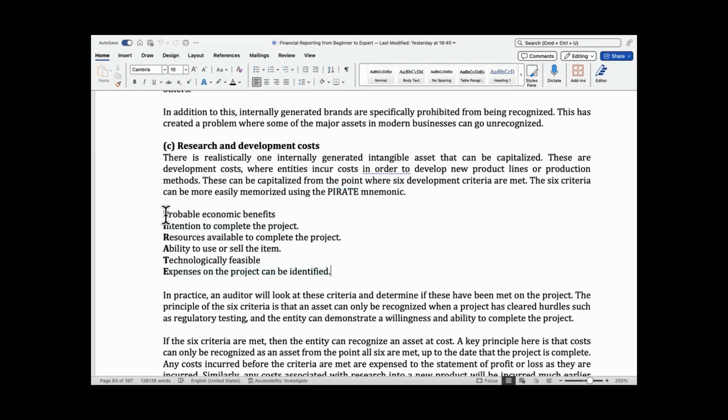I codified it for you this way because I can ask it a lot for 4 marks: what's the criteria for capitalizing development costs? So it is not all development costs that are capitalized. It's only the one that meets the recognition criteria that we can capitalize. The one that does not meet these criteria will not be capitalized.